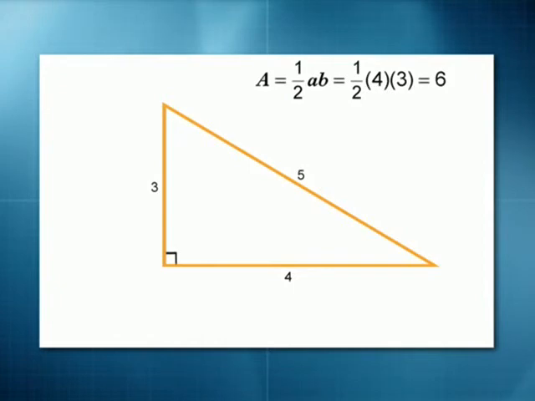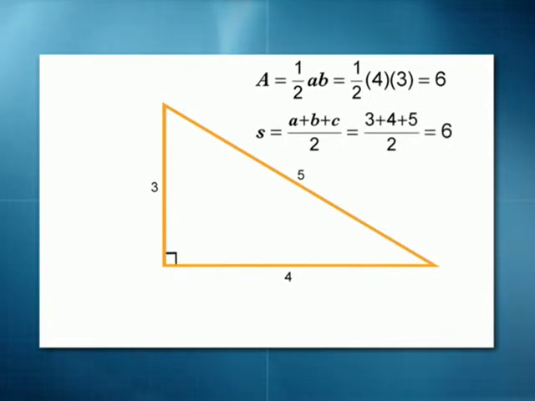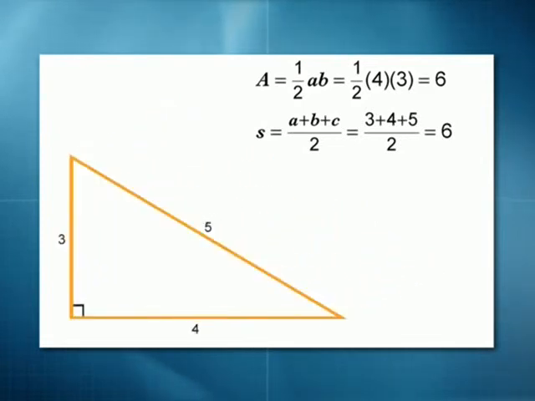Let's do Heron's formula just to get a feel for how it works. Well, you have to calculate this semi-perimeter. So that's a plus b plus c over 2. 3 plus 4 plus 5 over 2, that equals 6. So the perimeter is 12, and half the perimeter is 6. And now plug in all the characters.